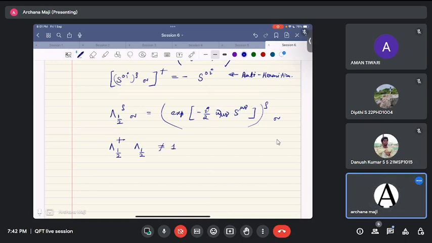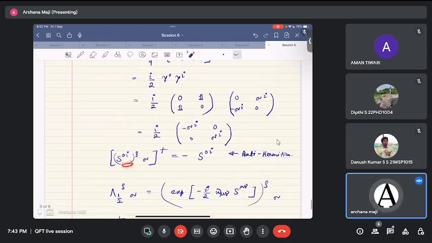What I mean to say is that this matrix under which a spinor transforms is not unitary, because of the fact that S0i dagger is becoming minus S0i.